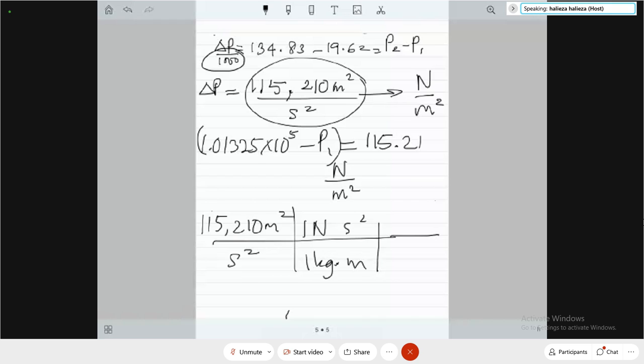Any idea? Anybody? How to get it? It's meter square second square. But your pressure is in Newton meter square. If we convert, we still will not be able to get it because 1 kilogram is still there. So how to get it?